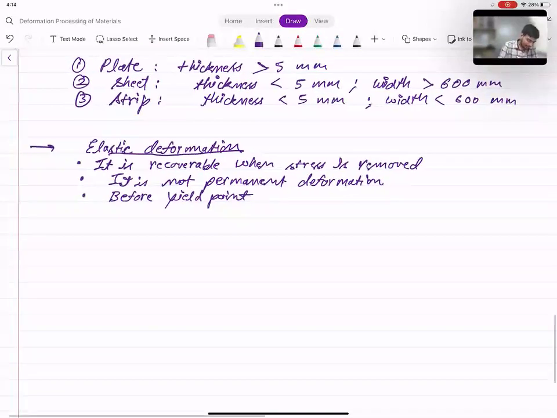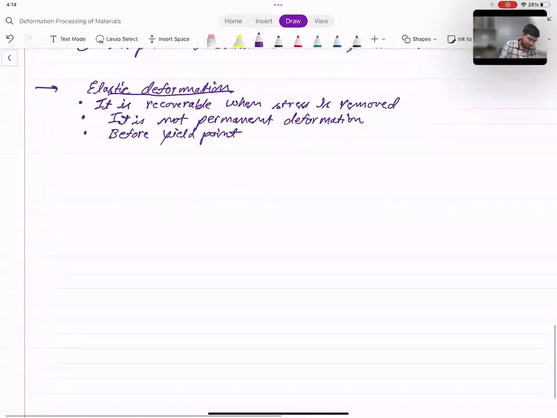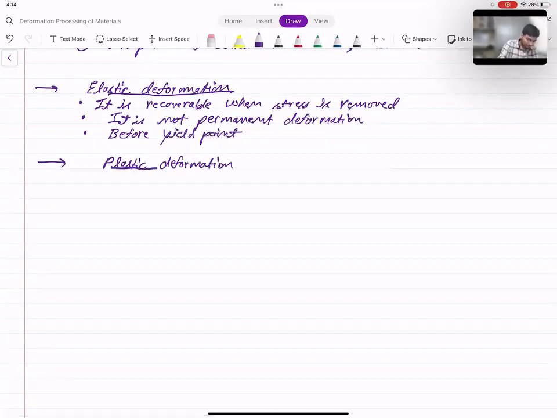Similarly, there is plastic deformation. So what happens in the case of plastic deformation? In plastic deformation, the deformation is a permanent type. It crosses the elastic limit or the yield limit of the material and it remains even after the stress is removed.